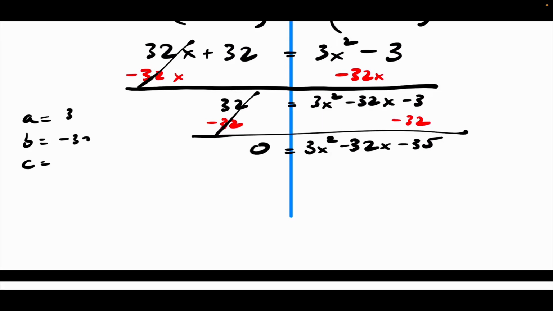3, negative 32, negative 35. So the top is going to be A times C. 3 times negative 35 is negative 105. B goes at the bottom.